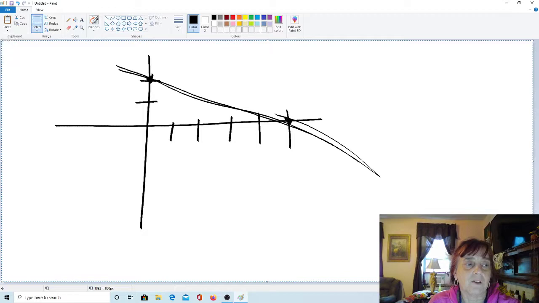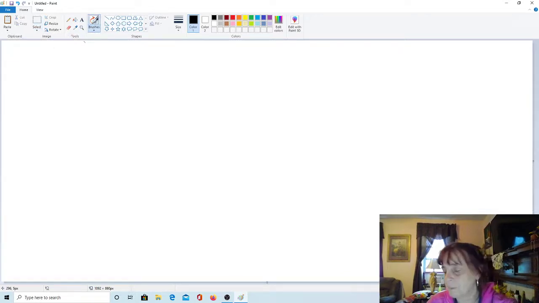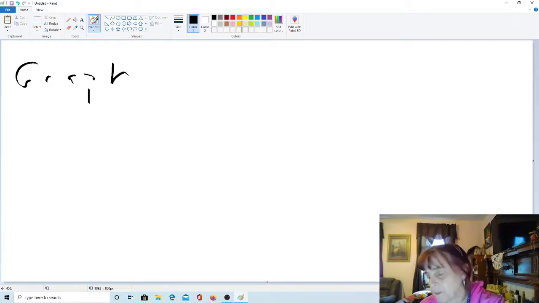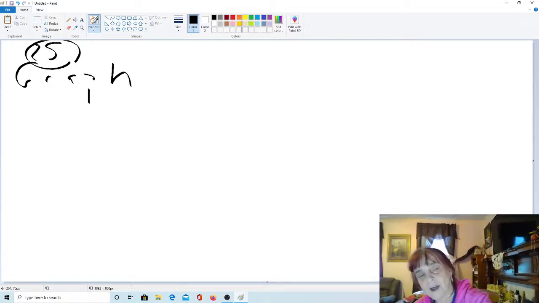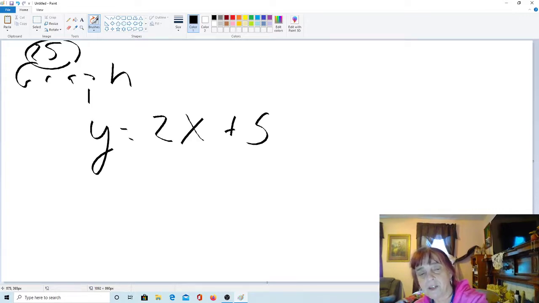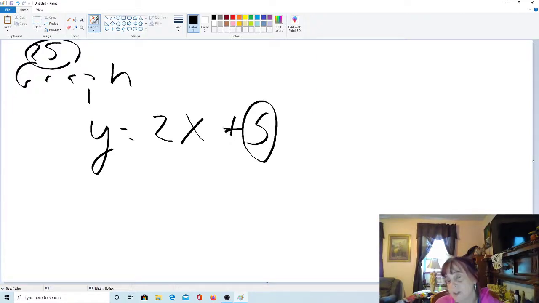Now we want to graph another equation. Say you want to graph, this is 25, y equals 2x plus 5. Okay, anytime it's in this format, y equals mx plus b, this number here is always my y-intercept, which always has coordinates 0, b.